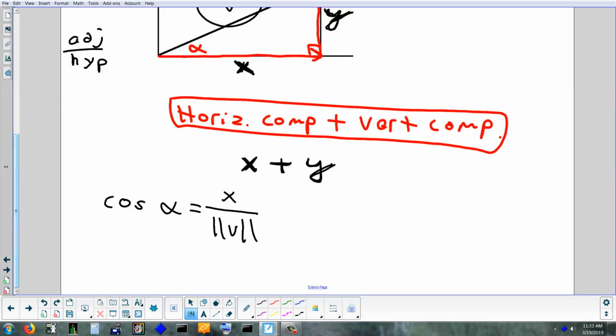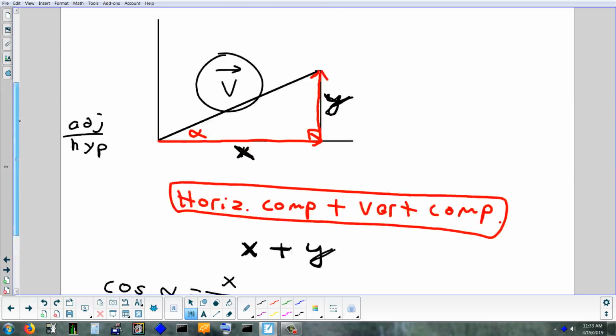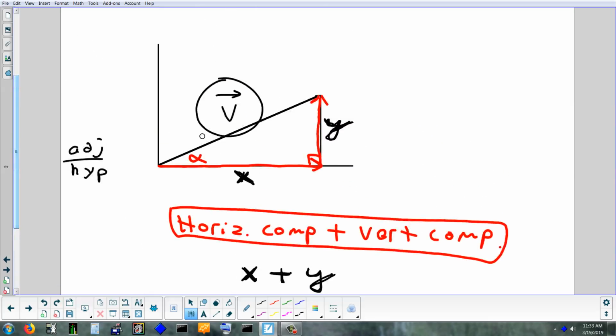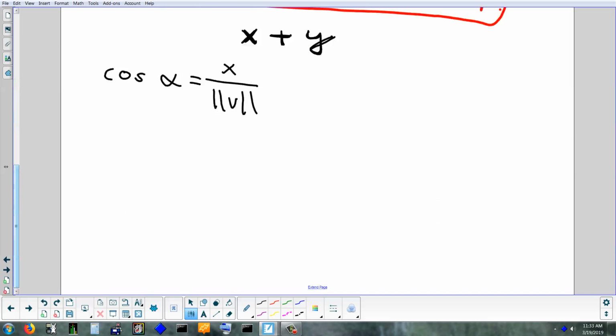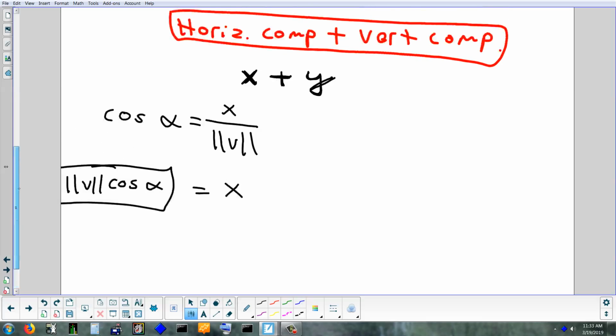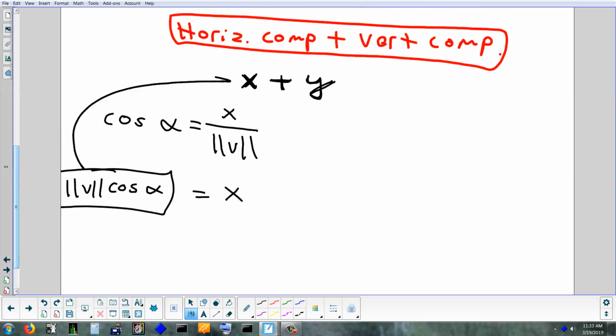It's the length of the adjacent side over the length of the hypotenuse. But remember, that was a vector, so we want the length of it. If they don't give it to us, but they're usually going to give you that in the problem. The length of the vector is the speed you're throwing the ball at. Okay, now let's get x by itself. Multiply each side by the magnitude, and there is your formula for x.